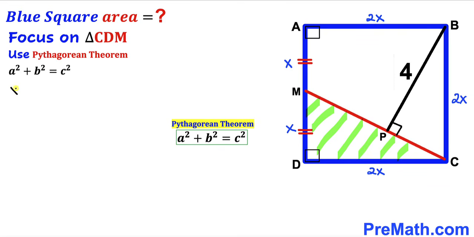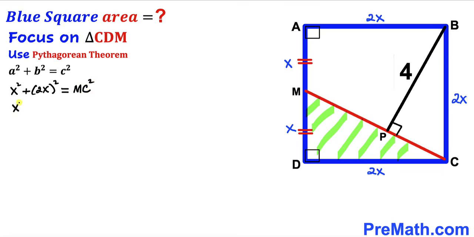So we get x squared plus (2x) squared equals MC squared. Here we get x squared plus 4x squared equals MC squared. Let's simplify. MC squared turns out to be 5x squared.